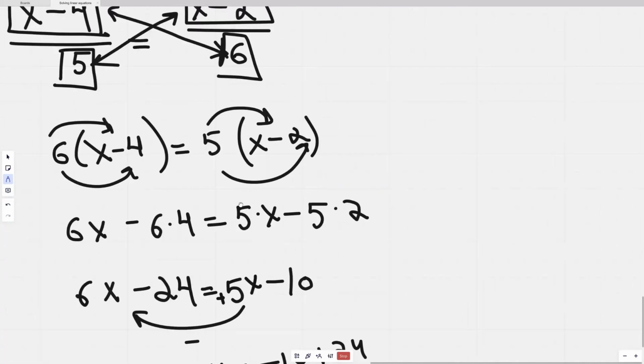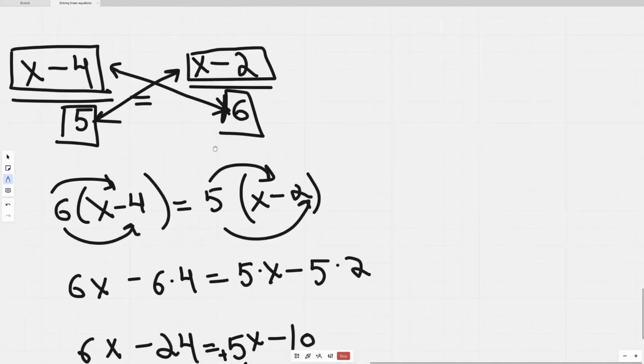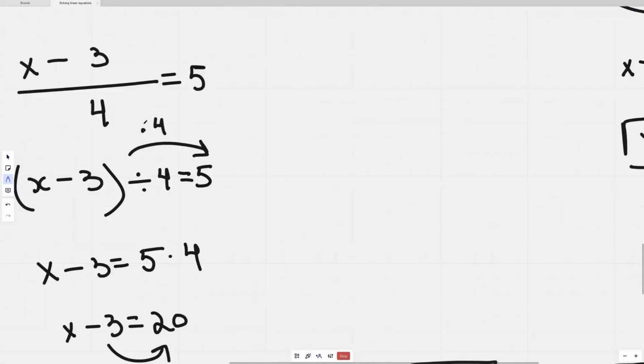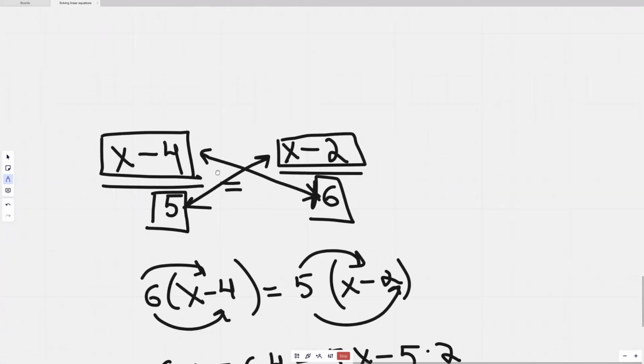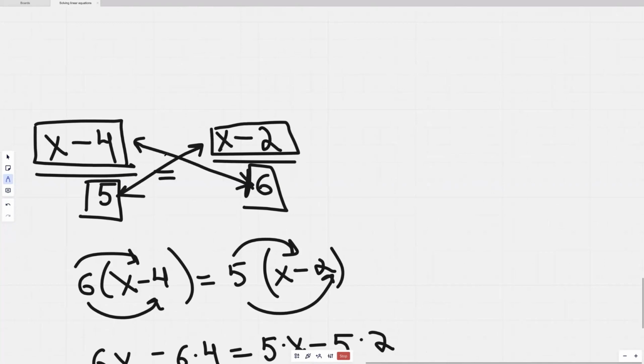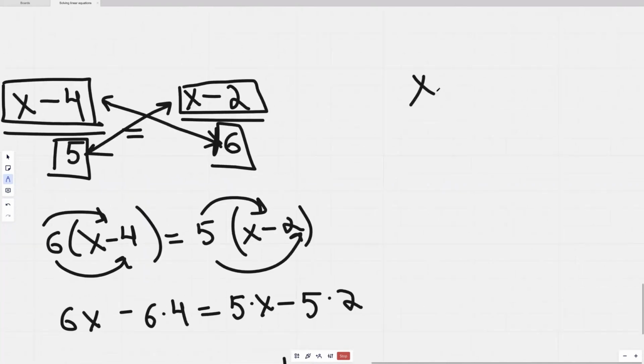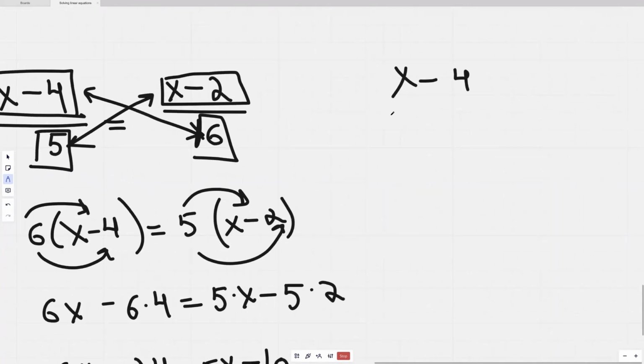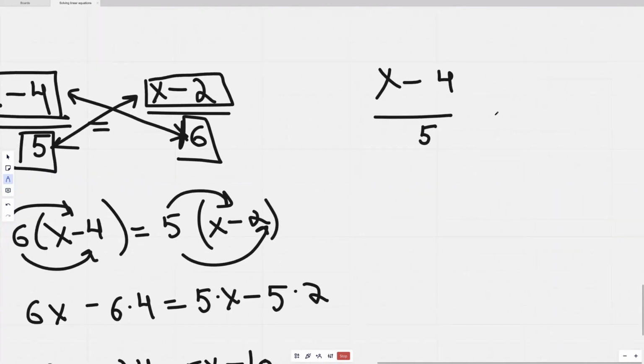So what we are doing is just a simple rule, the same as the previous one that I showed you. For example, in that case we can also write it with more work: x minus 4 divided by 5 is equal to x minus 2 divided by 6.